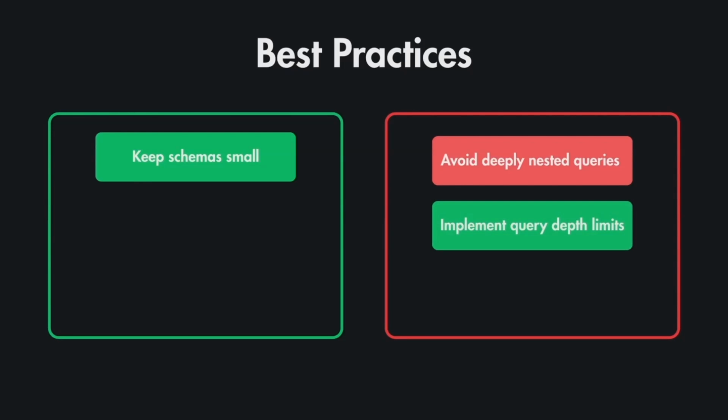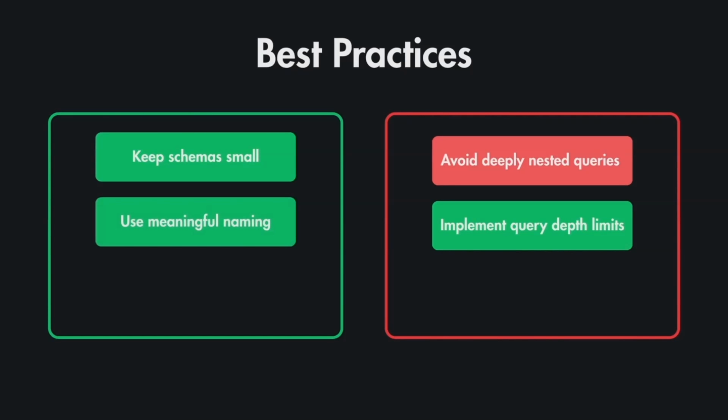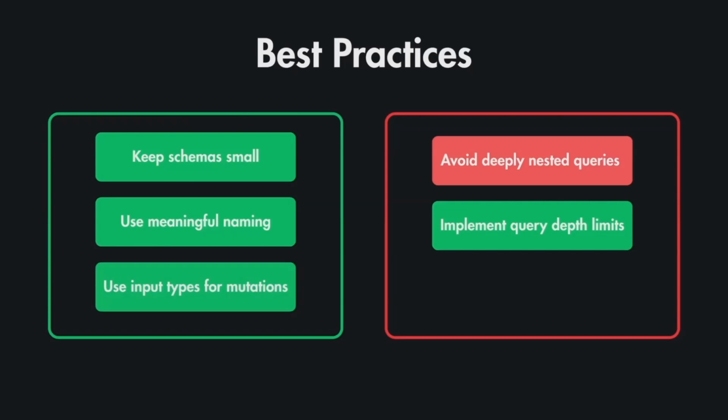And to avoid that, we usually implement query depth limits, which is how deep you can go, like how many layers nested you can have in your data. So you specify something like 6 or 7 layers deep. We also use meaningful naming for types and fields, since both the client and server are going to use the same schema. And when mutating data, we always use input types for mutations.